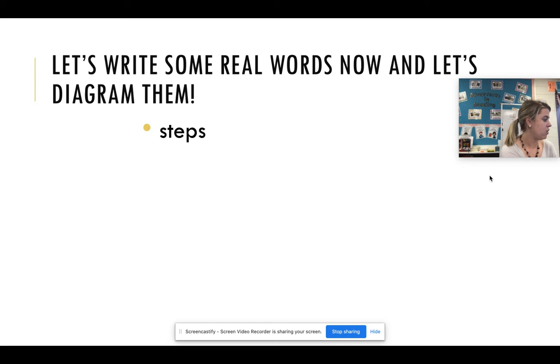See if you can figure out what do we need to do to make that A say its name in skates. Skates. S-K-8. Skates. Very good.